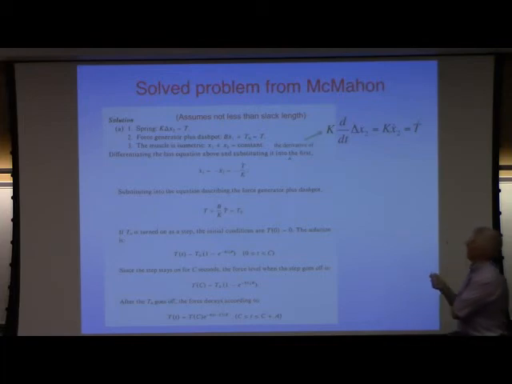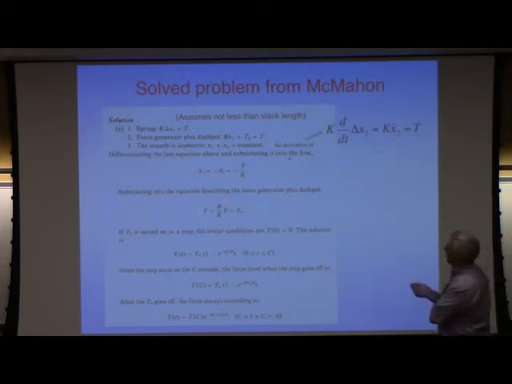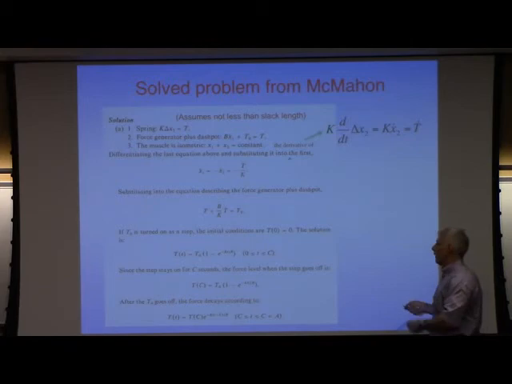To solve this, we're going to take the derivative of the first equation. I don't know why he doesn't say derivative, but you actually take the derivative of the first equation. Then you can substitute that in here to this equation, and then you take that and put it here. This is just rearranging.